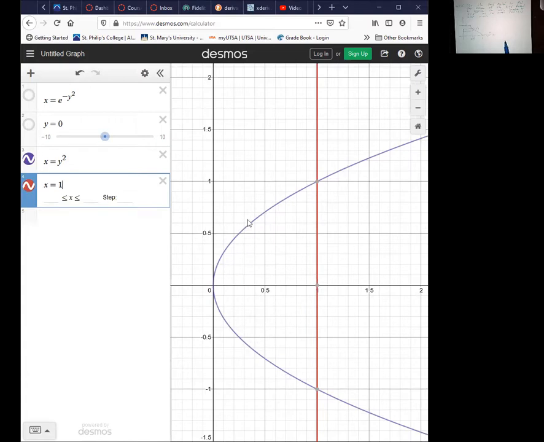If I were to slice this way, I would hit the parabola twice. That would be an issue. But if I slice this way, I'd hit the top of the graph and the bottom of the graph. Top, bottom. See how it's two different boundaries? But if I hit the same boundary, I have problems. It's not going to work.